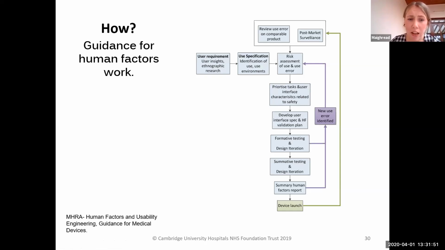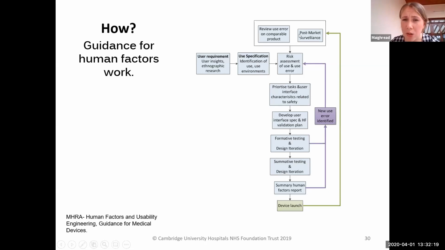If it's more rehab stuff, if it's an ability thing, do they have certain dexterity or function that might impact design? So you just list out who your user is. You then also look at a use specification. That's where you state what the product is, where it is going to be used.